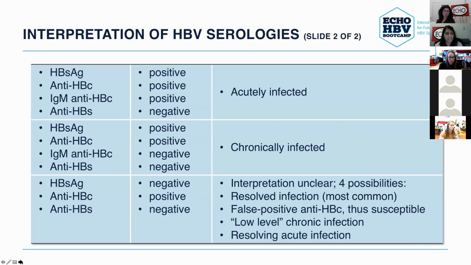All right, so that brings us to the next set of test results and how to interpret them. I just went through many of the surface antigen negative scenarios. Now we want to turn, in the next two slides, to those people who are surface antigen positive.